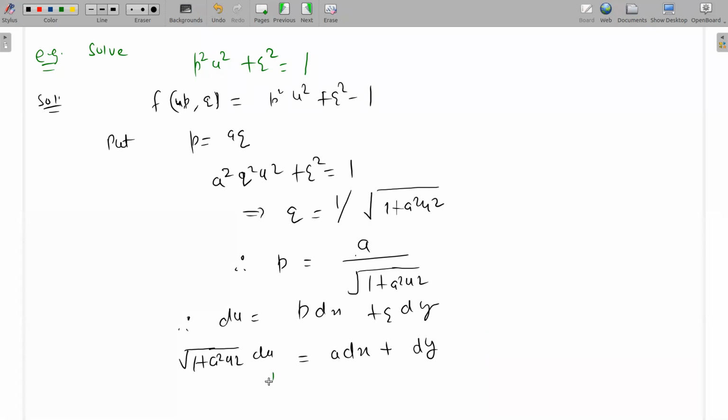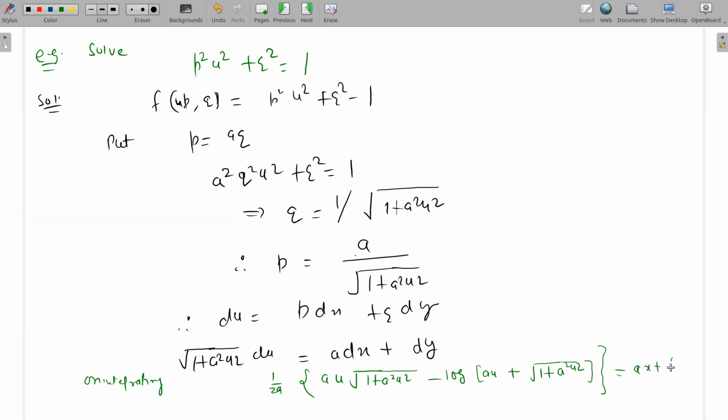On integrating, 1 by 2a, au minus log, equals to... I hope everyone got this complete integral containing two arbitrary constants.